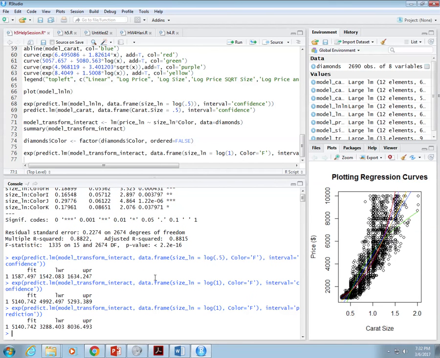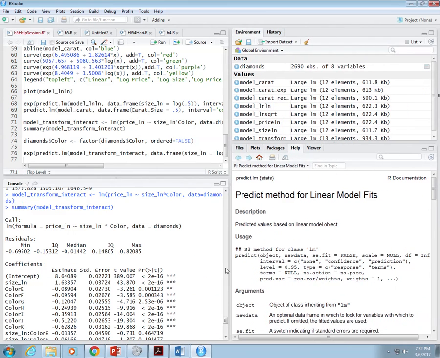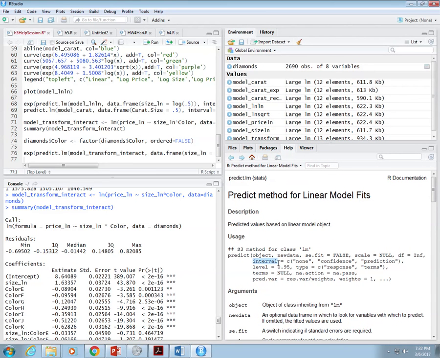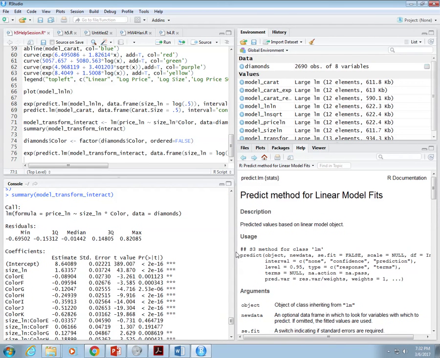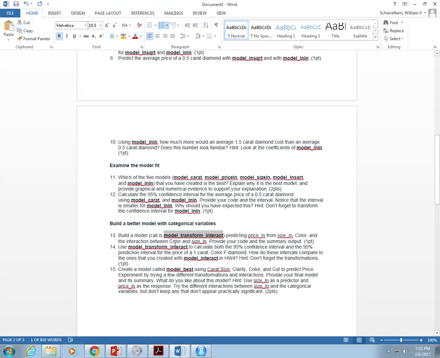And if you ever forget that, remember there's question mark predict.lm, and that will remind you that your inputs include one term that can be interval equals, and you have a choice of no prediction interval, which is the default, a confidence interval, and a prediction. So if you ever forget what things are called, that's that. Cool. So yeah, you're pretty much done.